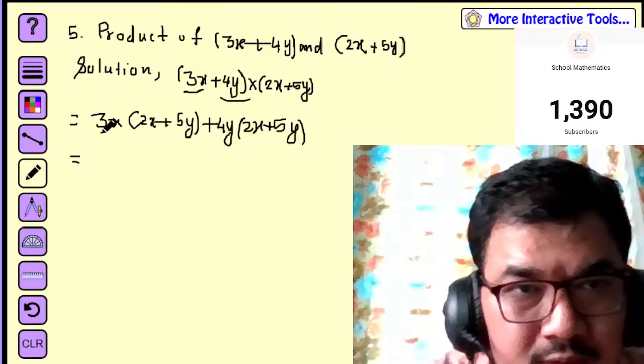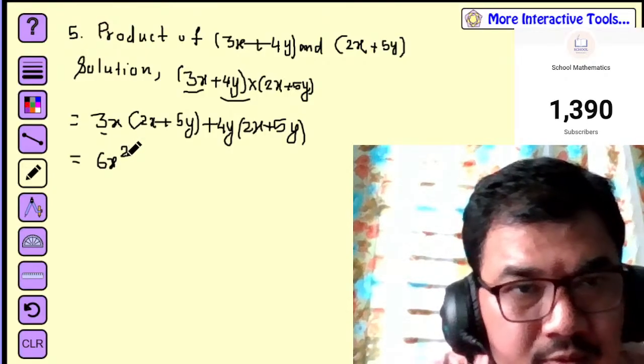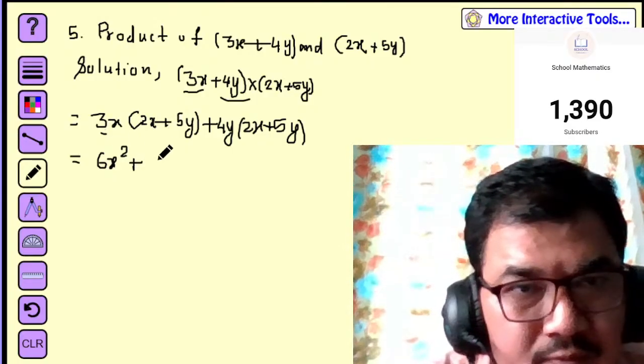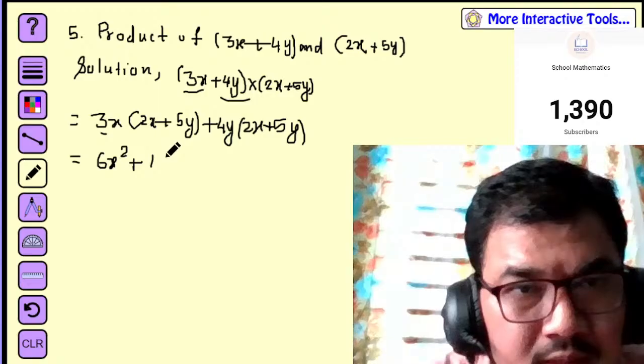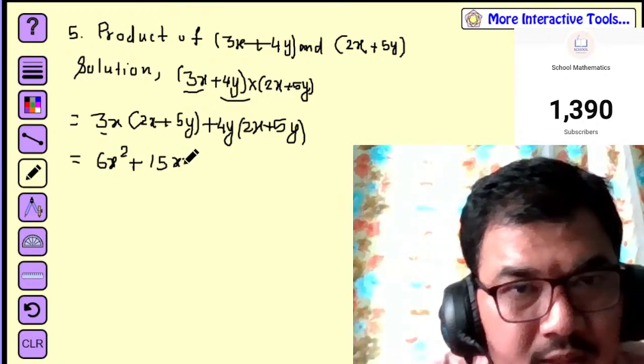Look here. Now 3x multiplied with 2x will be 6x square. Plus into plus, the sign will be plus. 3x into 5y means 3 fives are 15, and x into y is xy.